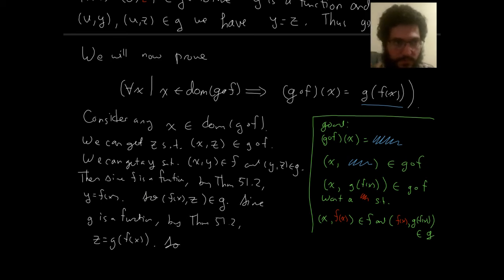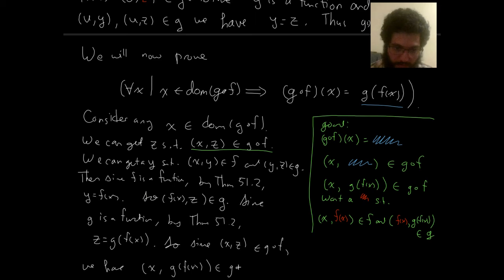So now I'm referencing this here. Since that was a while ago, let me remind the reader about it. Since the pair x comma z is in g composed with f, we have, now I'm using axiom 2, replace z by something it's equal to.